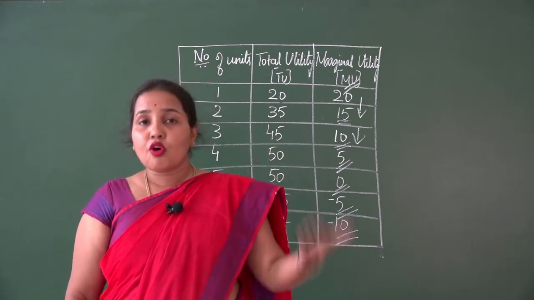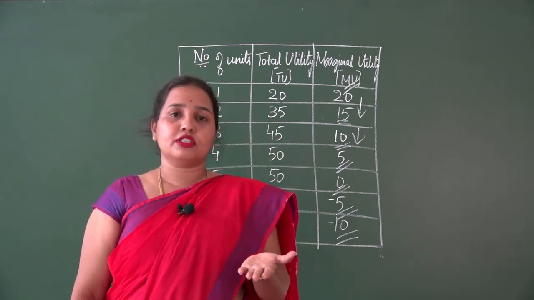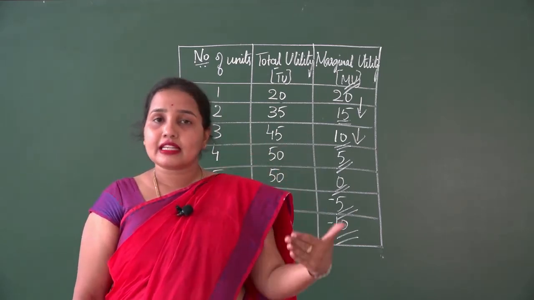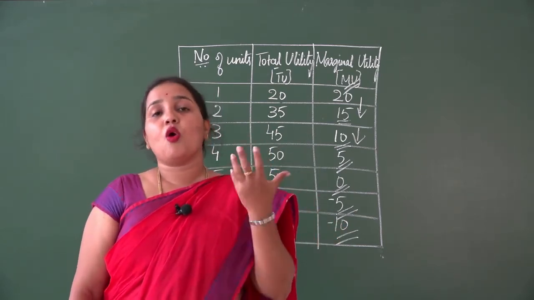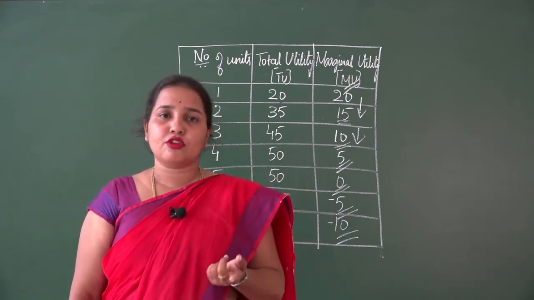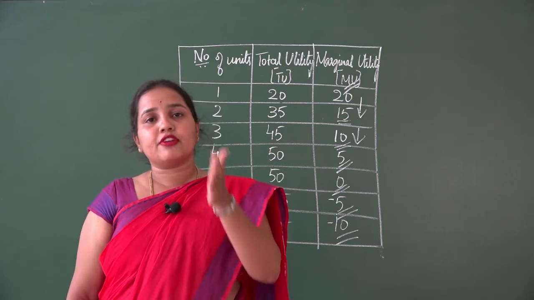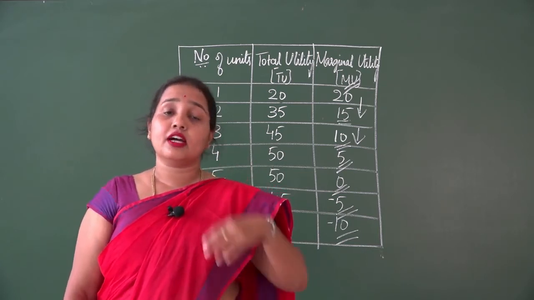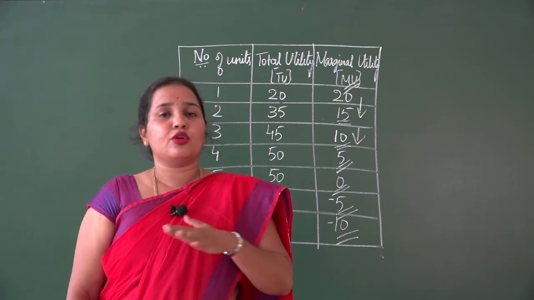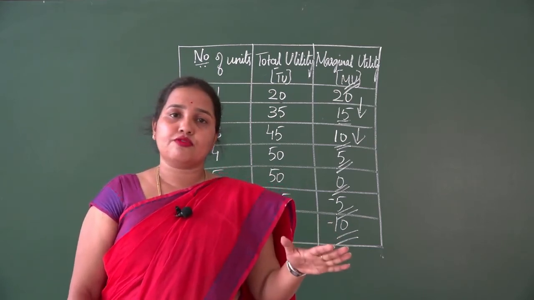When you go for another glass of water, the utility that you derive from the second glass of water will obviously be less. When you go for the third glass of water, the utility further declines and you feel like your stomach is filled and you don't want to have any more glasses of water.